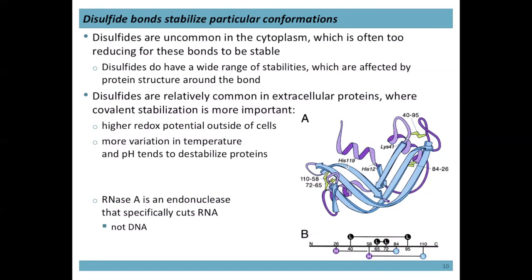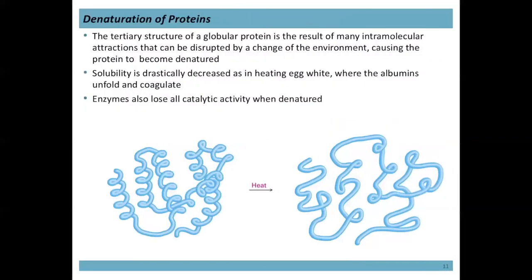This is just a picture of RNase A. It's an endonuclease, so it's going to cut specifically RNA and not DNA. You can see that it has these 4 disulfide bonds there. We're going to talk about those in a second, after we talk about denaturing proteins.